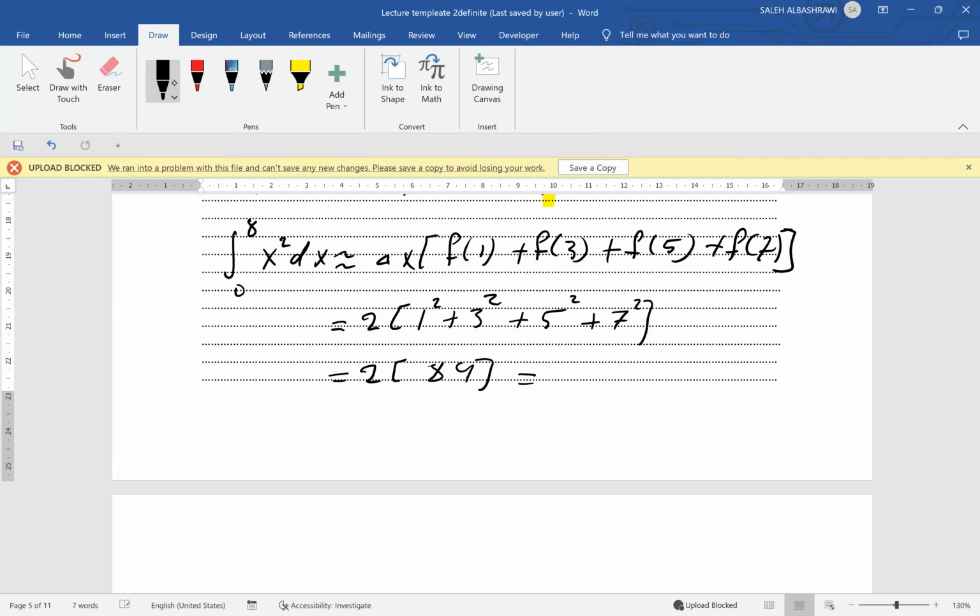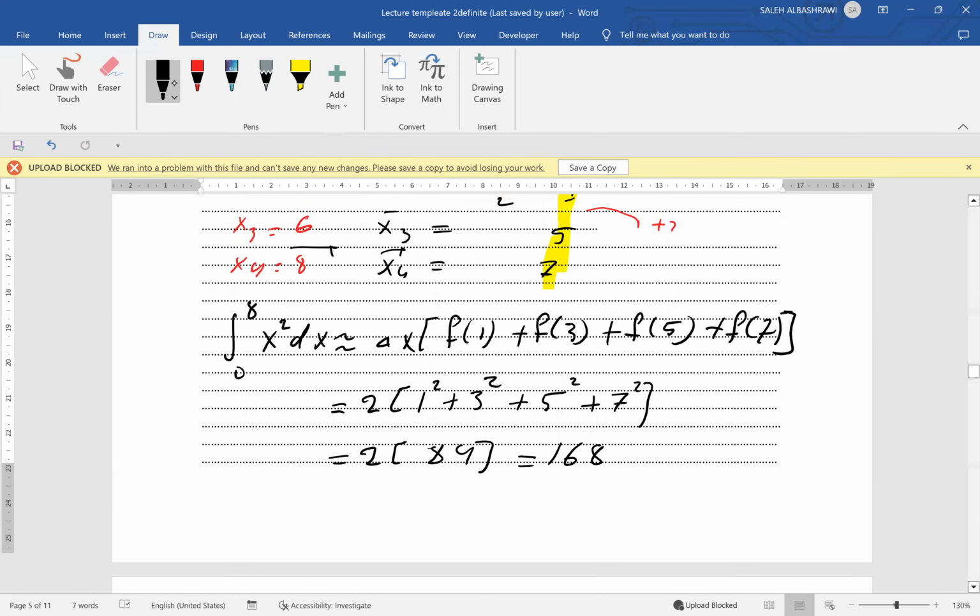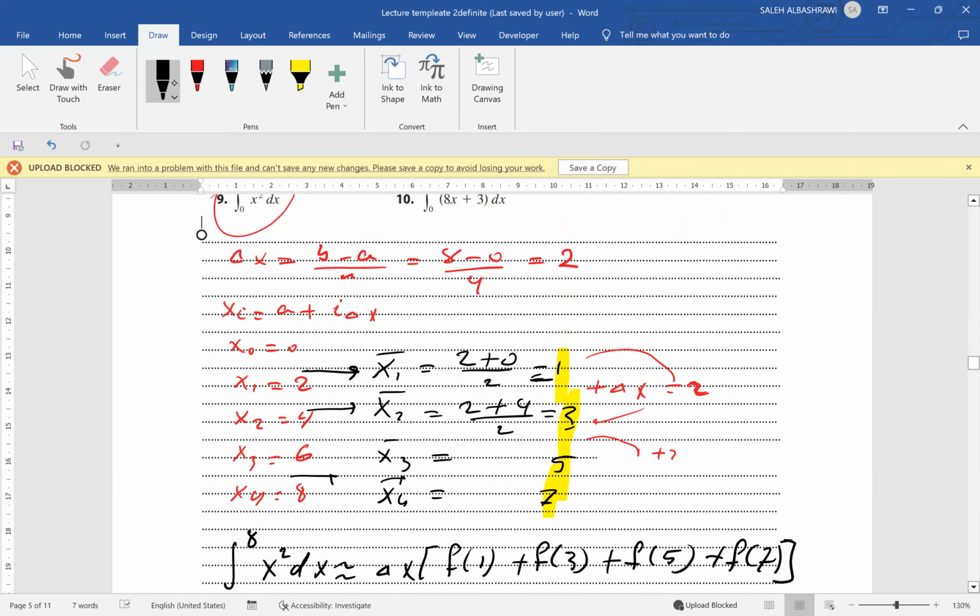Multiplied by 2, that is 168. So the integral is approximately equal to 168.